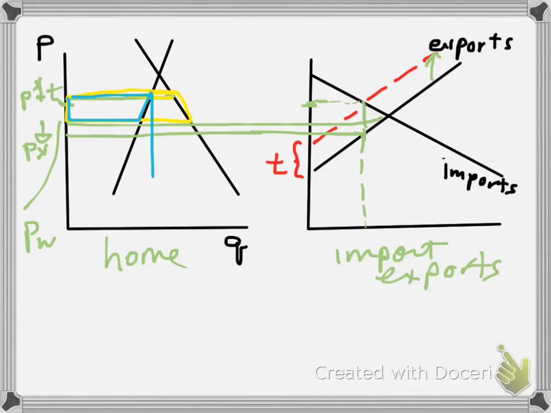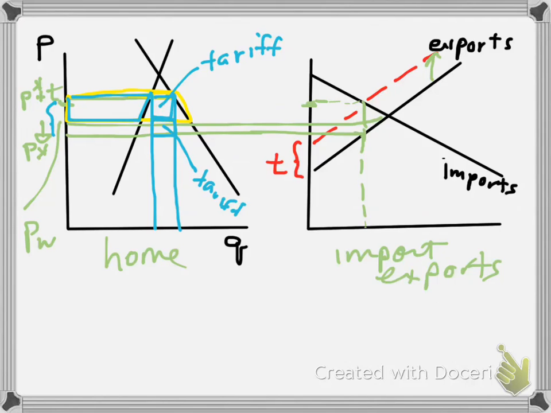We can measure here the tariff revenue. So this square is the tariff revenue. But remember, this square also is tariff revenue. This square, or rectangle, sort of below that. So that's also tariff revenue, because the price now is P star. So the tariff is all of this distance here.